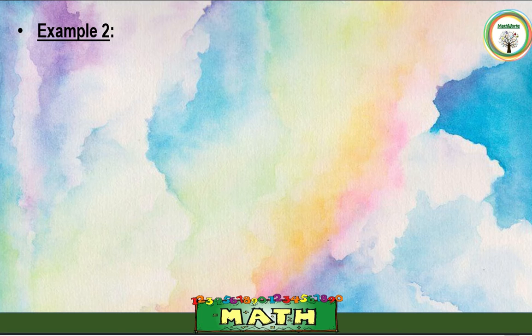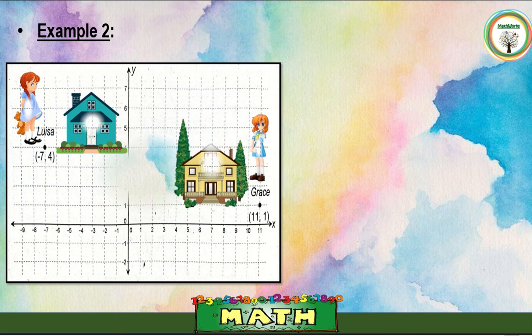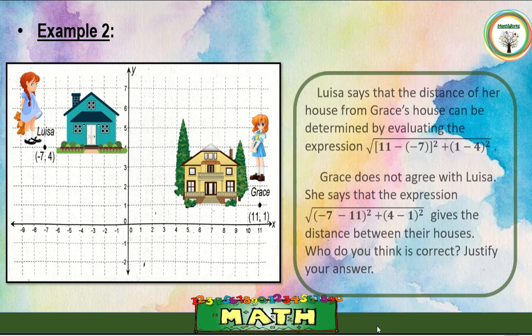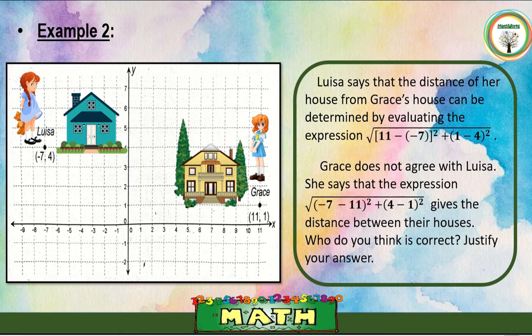Let's have the second example. Louisa says that the distance of her house from Grace's house can be determined by evaluating the expression the square root of the quantity of 11 minus negative 7 squared plus the quantity of 1 minus 4 squared.